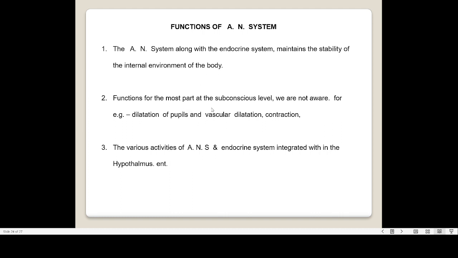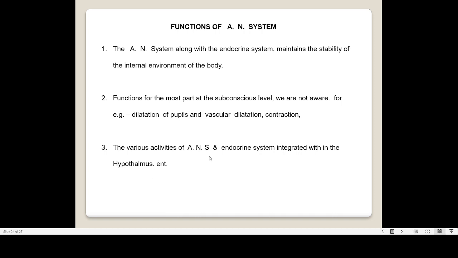The functions are for the most part at a subconscious level; we are not aware of them. For example, dilatation of the pupils and vascular dilatation or contraction are subconscious level functions. We are not aware of that, but the function is going on.